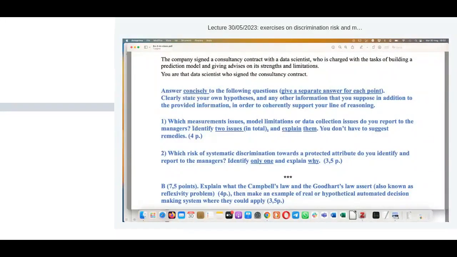You are asked to identify 2 issues in total, with explanation. Each issue was worth 2 points. And then, which risk of systematic discrimination towards a protected attribute do you identify? Only one, and explain why.